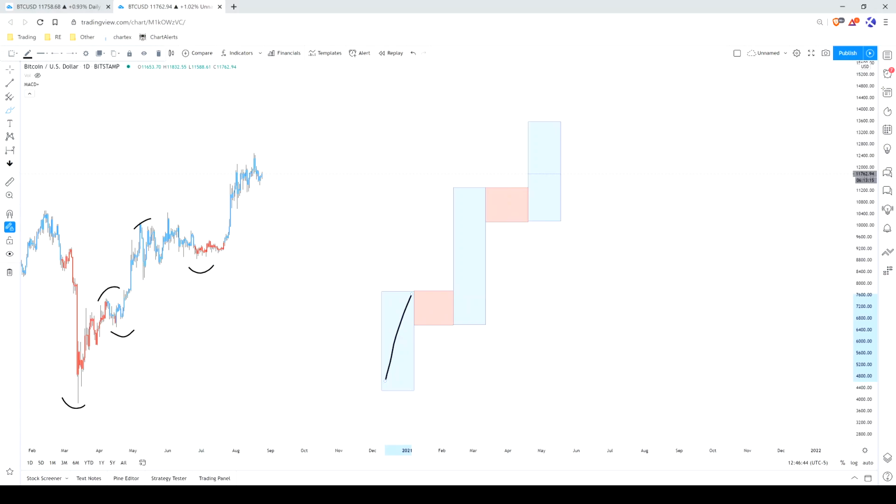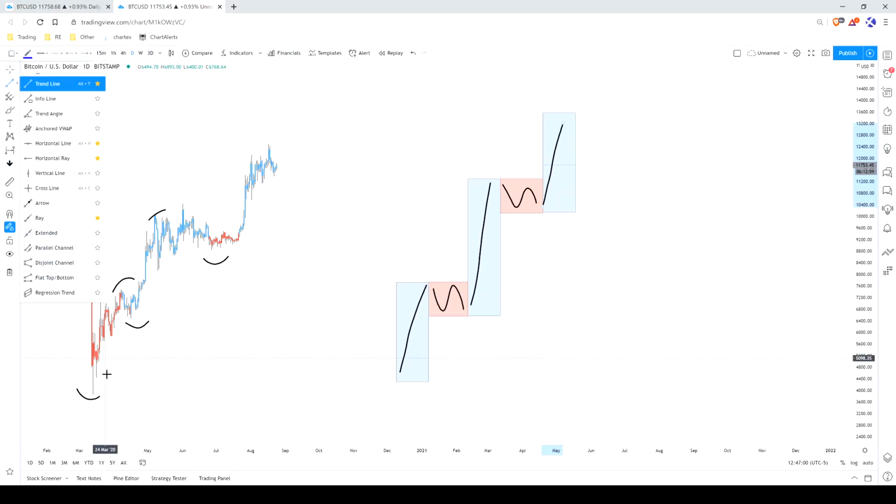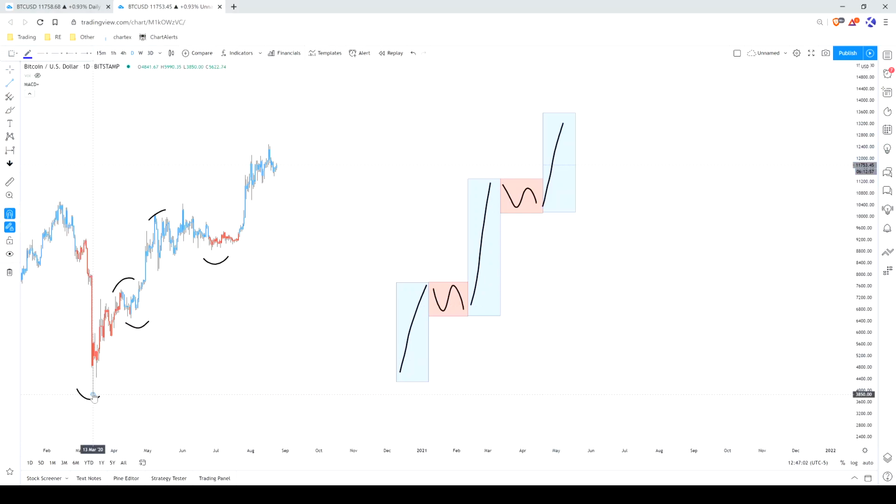After an impulse, we make a corrective wave. So I watched the trend. We had a local trend right here. That broke, made a corrective wave behind it.